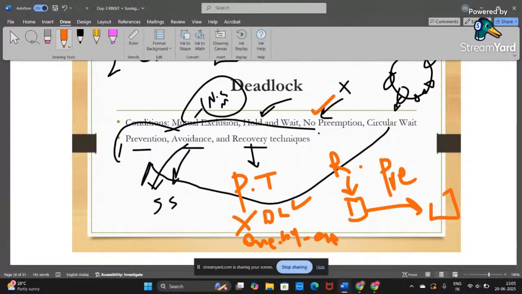That is called resource preemption, which comes under recovery techniques. And if it is not handled properly, it can cause starvation.